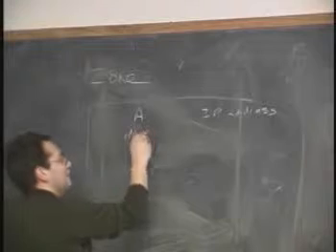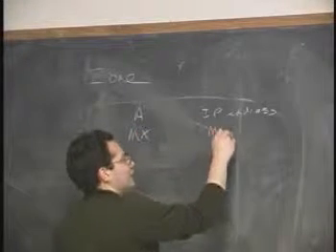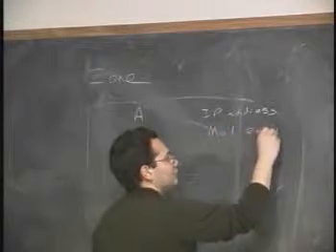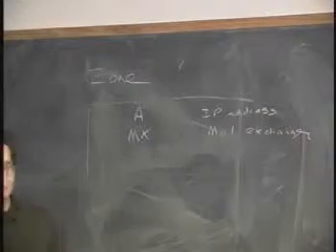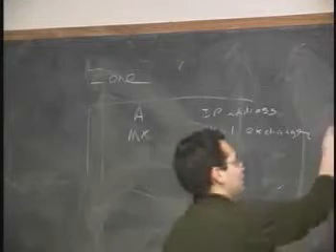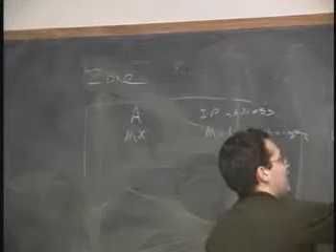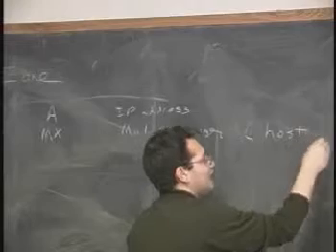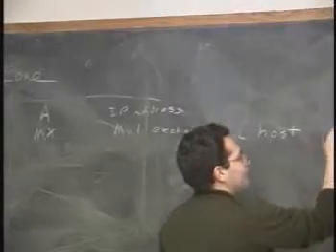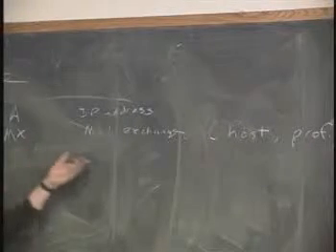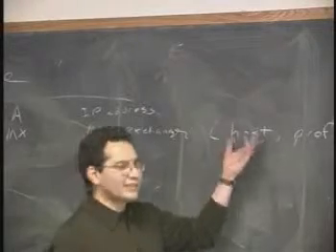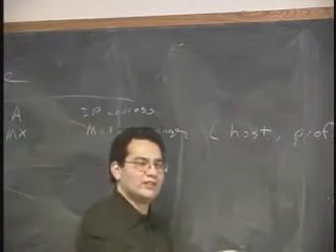MX is actually a mail exchanger. So we already know what an IP address value is. For mail exchanger, this usually is a pair, which is a host and a preference. So preference is some priority like 1, 2, 3, 4. And what this does is it helps you decide which mail host to try to deliver the mail to first.